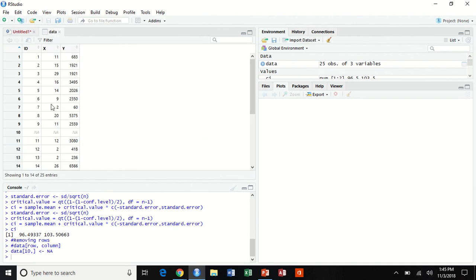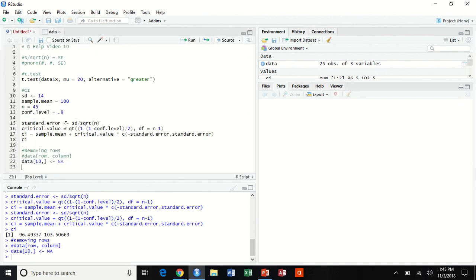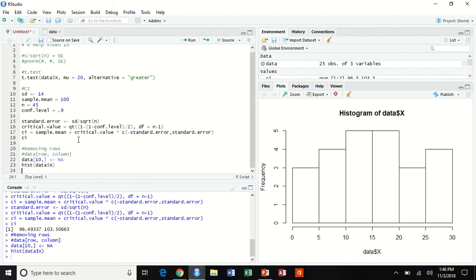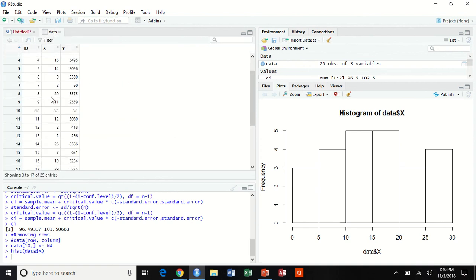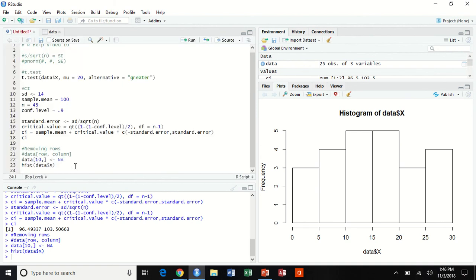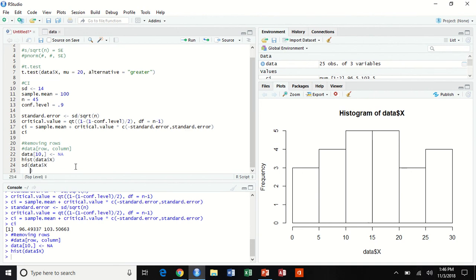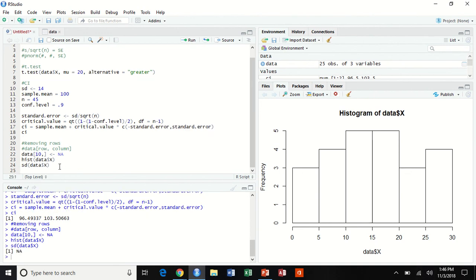Let's say we want the histogram for X, the X column. So, as usual, hist data X. Which you will also be asked to do, as usual. But let's say you want the standard deviation, as the homework will ask you. It doesn't show up.